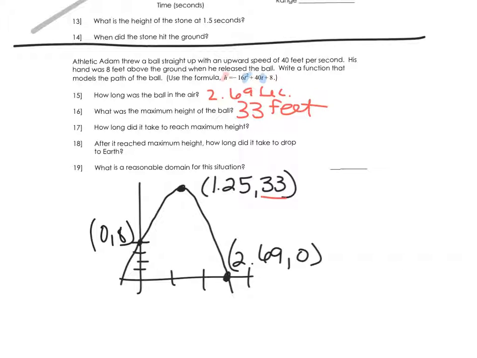And how long did it take for the ball to get to that 33 feet? 1.25 seconds. How did you get 1.25? We found the maximum, the vertex, in our calculator.